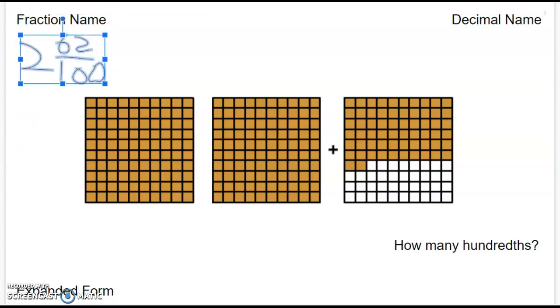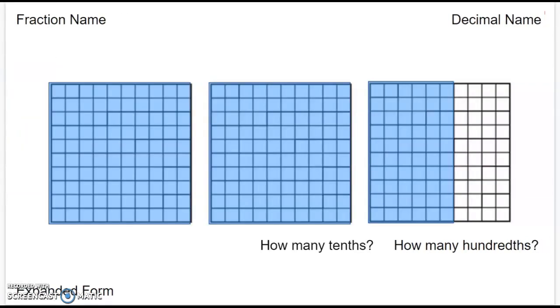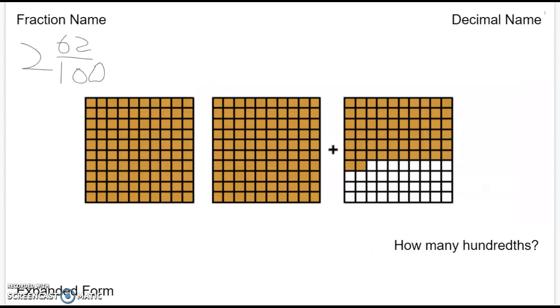So the fraction name looks like this: 2 wholes and 62 hundredths. The decimal name looks almost the same, and I watched students today not struggling with this so much. If you knew the fraction name, the decimal name was pretty easy to write. They look similar, don't they? 2 and 62 hundredths.